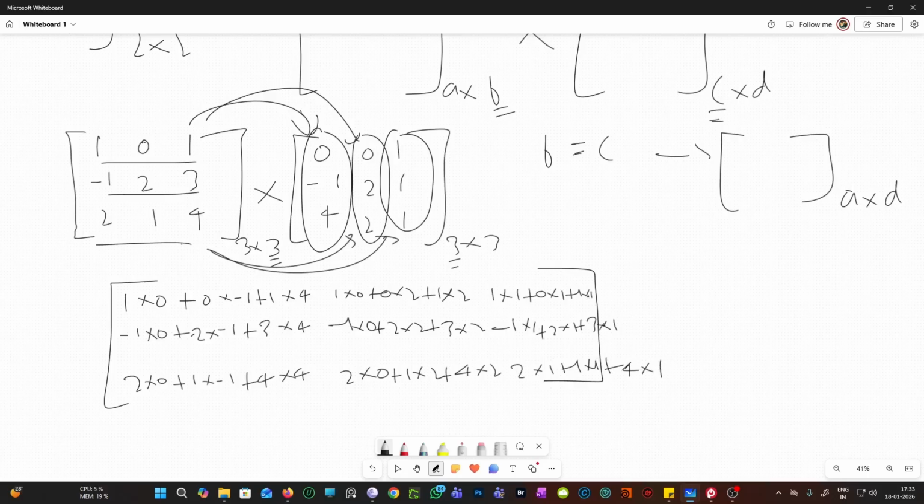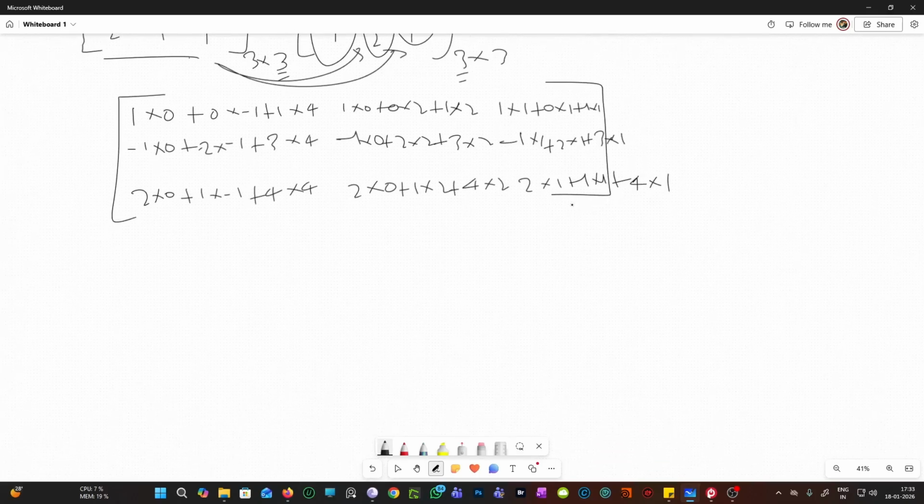So the final result that we get after multiplying all this is: 0, 0, 0. Oh, okay, so what we get is 4 here, and here we get 2, and here we get 1 plus 1, 2. And here we get minus 2 plus 12, that will be 10, and here 4 plus 6, that will be 10, and here minus 1 plus 2, so that will be 1, plus 3, that will be 4.